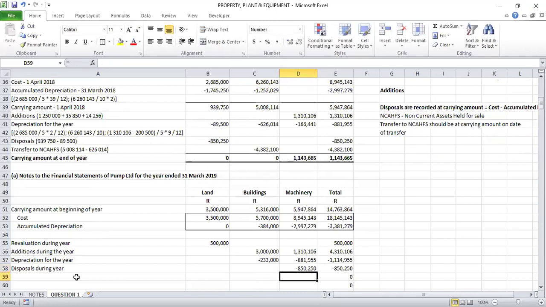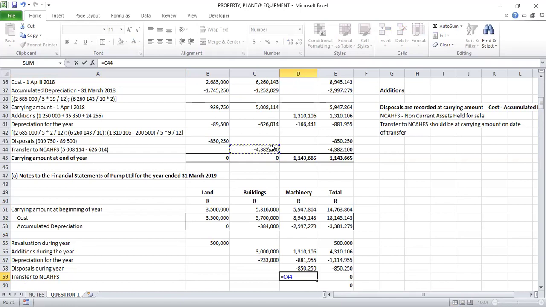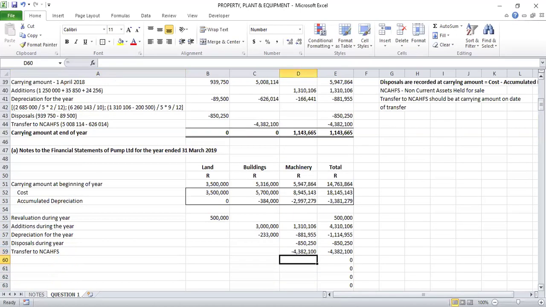Then we had the transfer to non-current assets held for sale. Remember, machine Swish was transferred to non-current assets held for sale. So you are just picking from there.